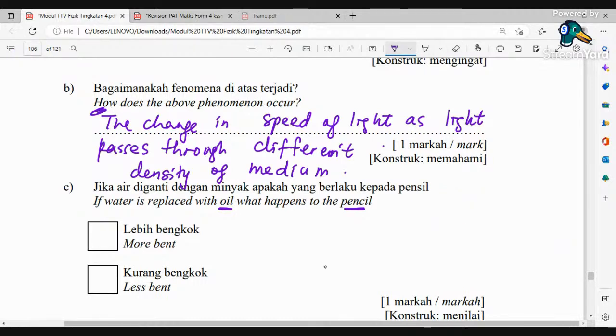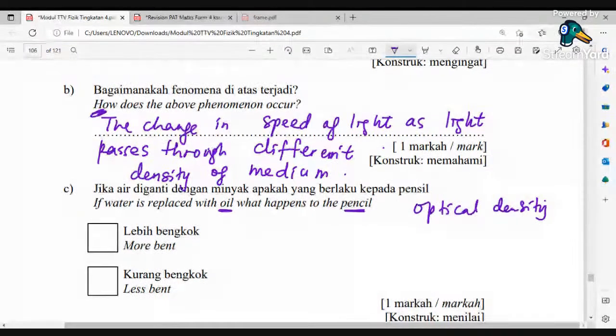Okay, ada perbezaan sikit dari segi jawapan yang diberikan. Optical density. Okay, kita boleh check juga optical density of oil. Jadi kita buat eksperimen untuk ini.